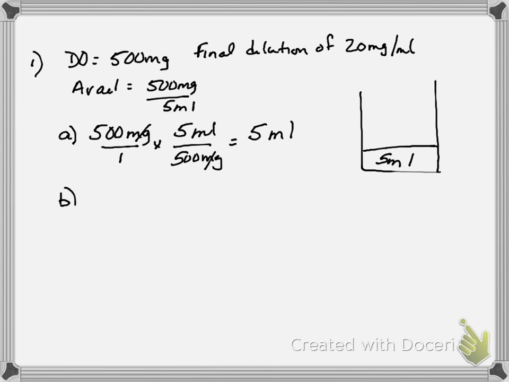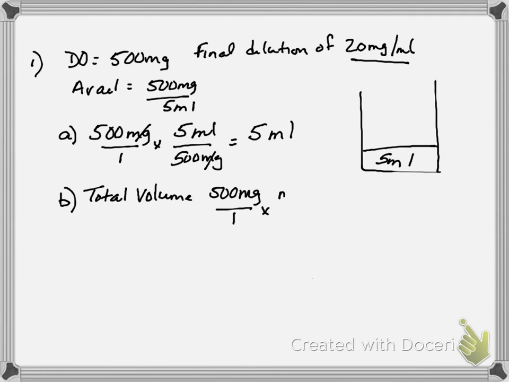Then with part B, it's going to ask me what is the total volume. So to calculate the total volume, I'm going to go back to the doctor's order, which was 500 milligrams, and I'm going to put that over 1. But this time, I am going to multiply it by the final dilution.